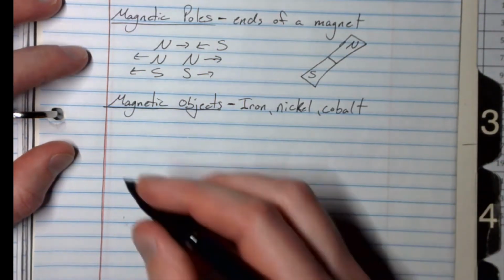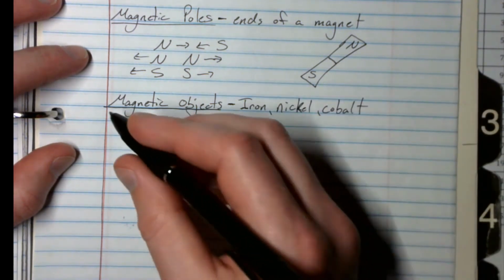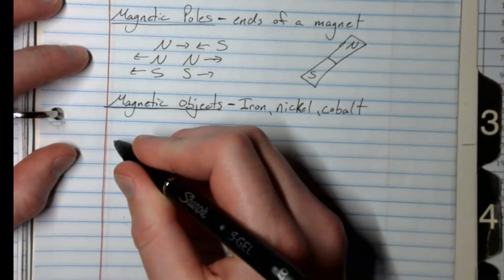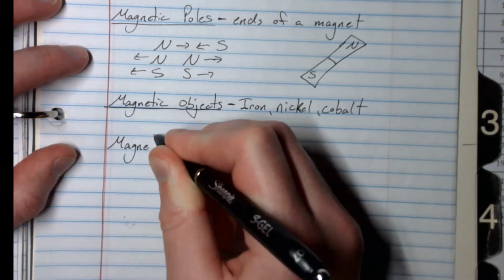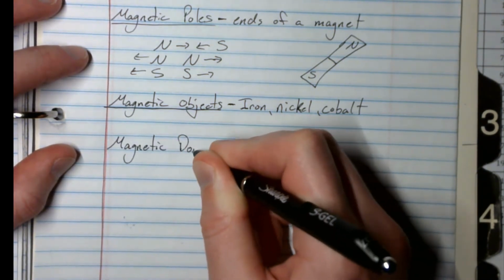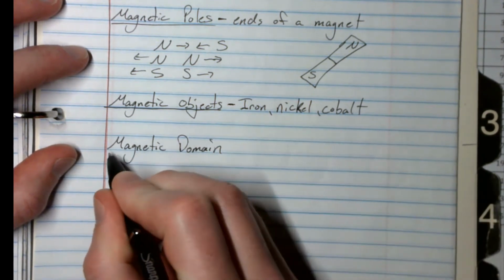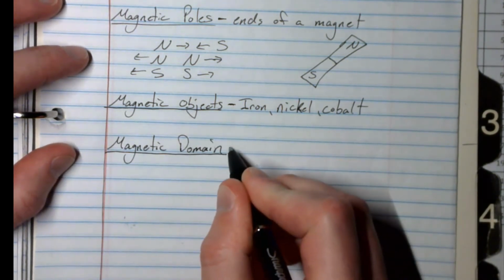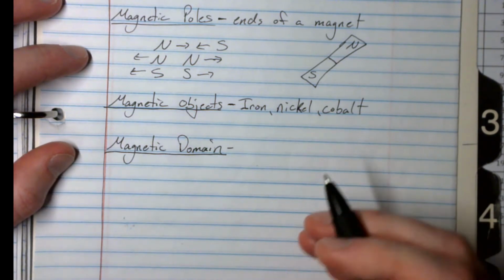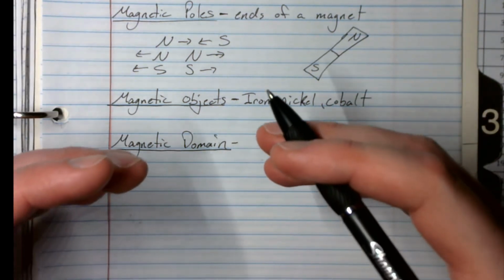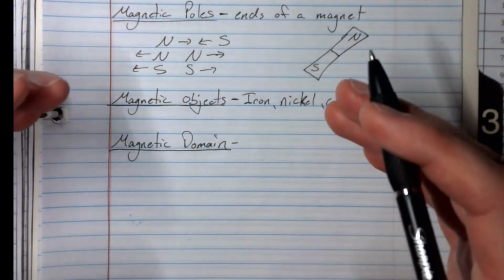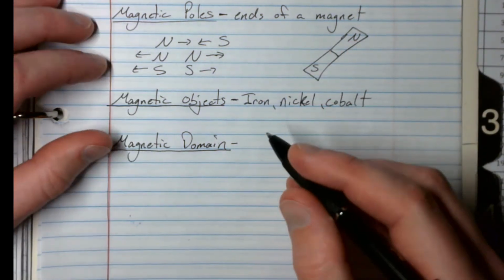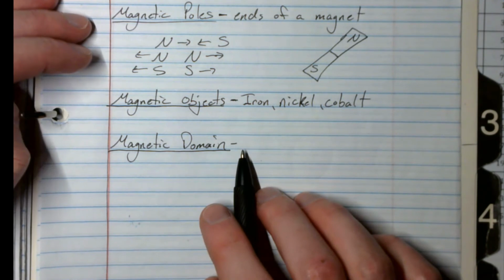So to answer that, I think the main reason is something called a magnetic domain. And this is a region in which the magnetic field of atoms is aligned.